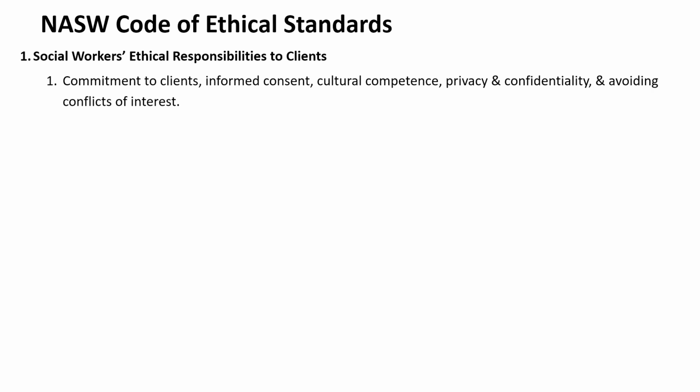Having informed consent, the client understanding that there may be the need to increase a level of care, increase medical care, understanding that there is a relationship between medical professionals and that sometimes they need to be referred to another level of care depending upon what their medical situation is.